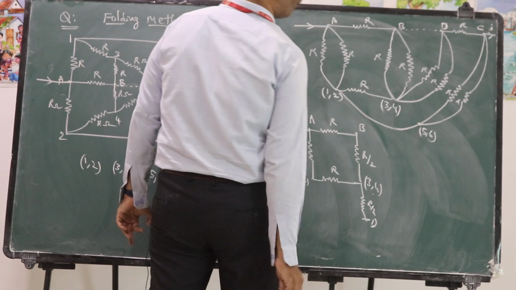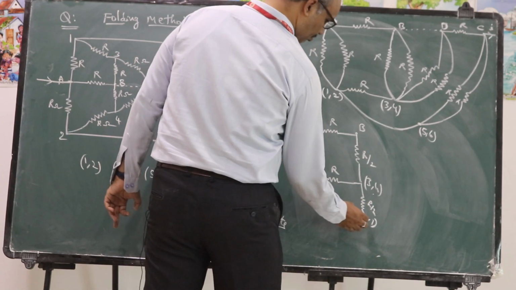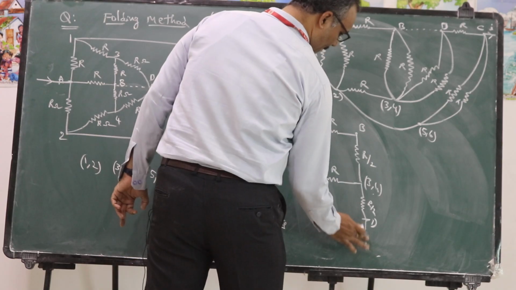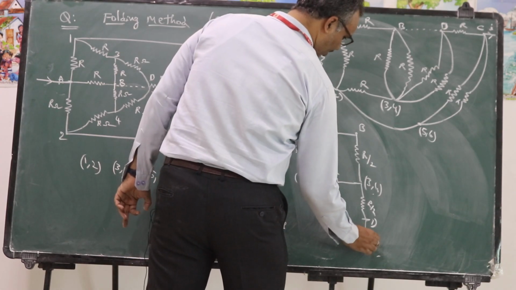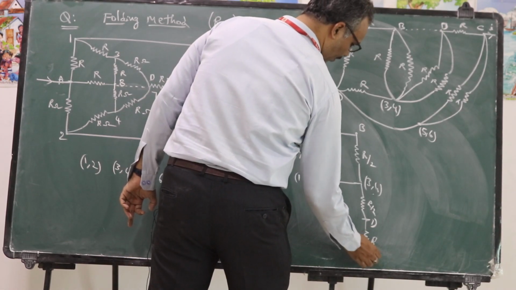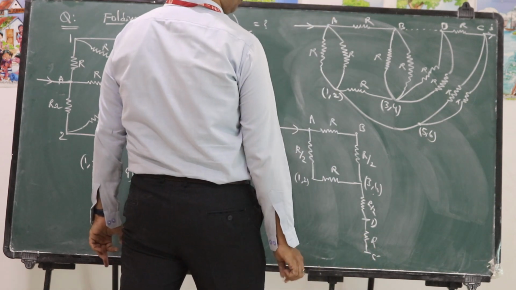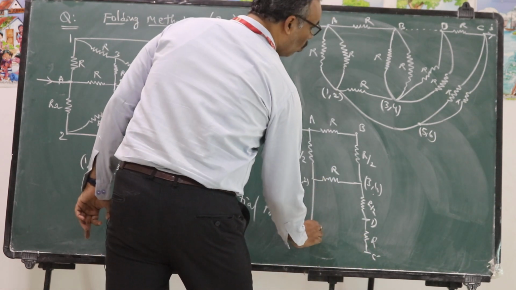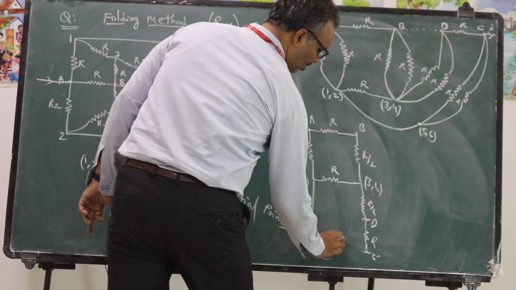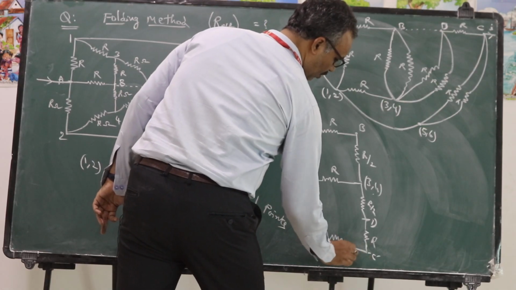This is D. From D to C, here is C, 1 resistor of resistance R is available. From C to 1, 2, there is a resistor of R by 2 resistance.